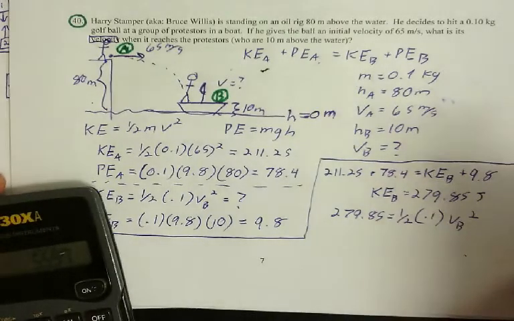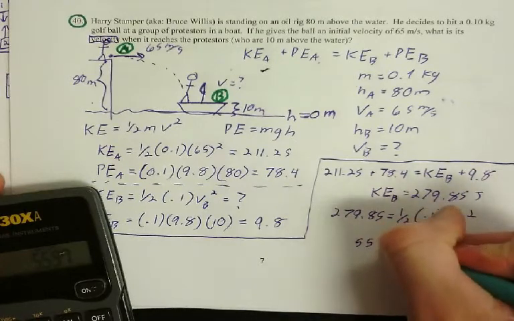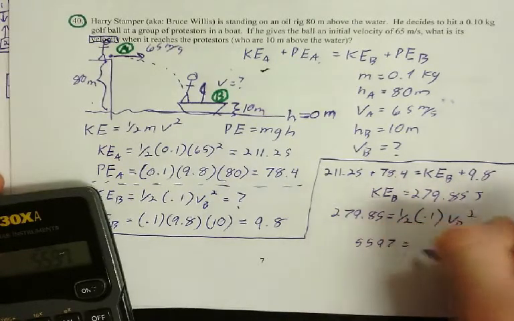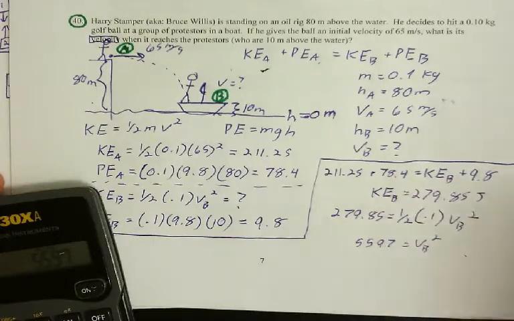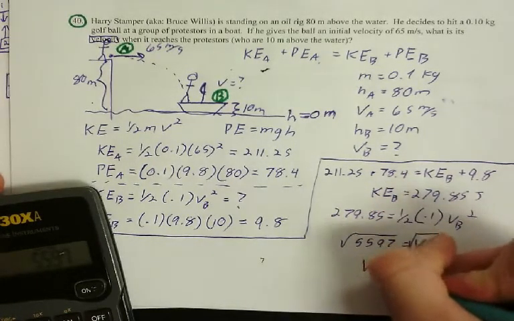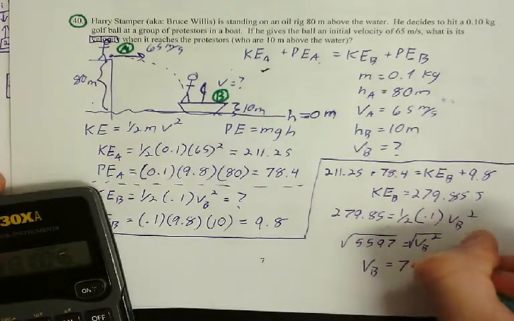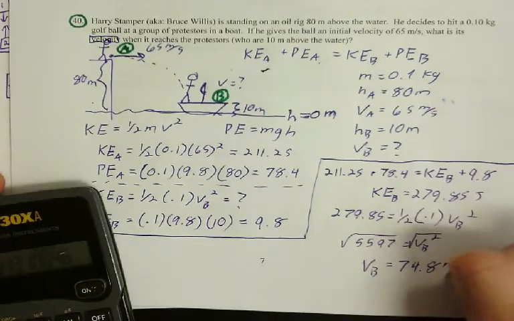That'll give you VB squared, so 5,597 equals VB squared. I don't want VB squared, so I got to square root both sides. 74.8 meters per second.